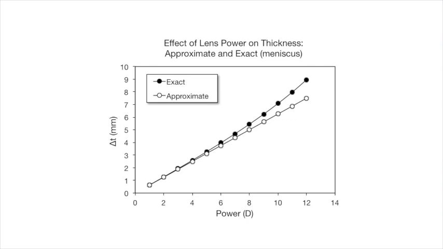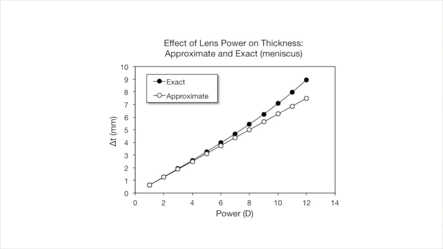I want you to first of all pay attention to the open symbols, the lower, very straight looking line. And you can see that as we increase lens power, delta t increases linearly. So if we have a power of say 10 diopters, delta t is going to be, I don't know, about 6.5 millimeters.